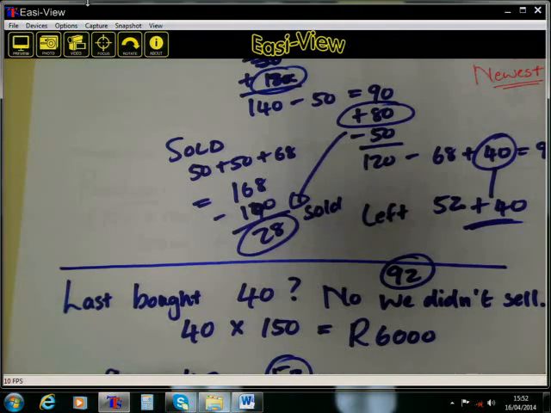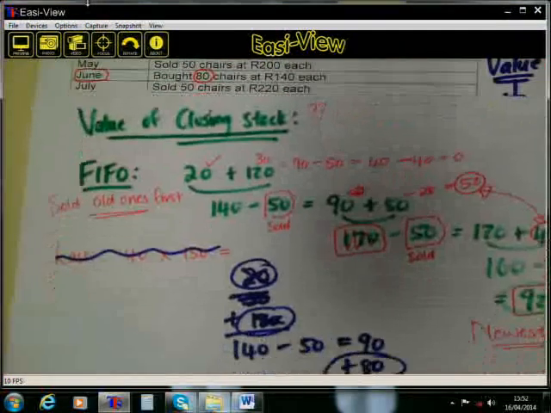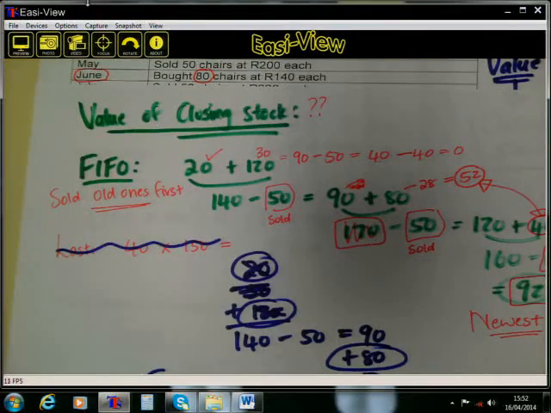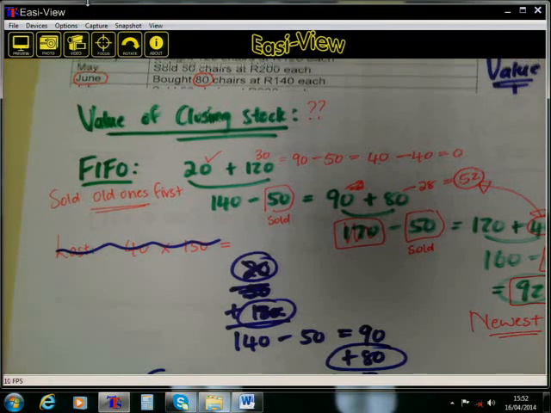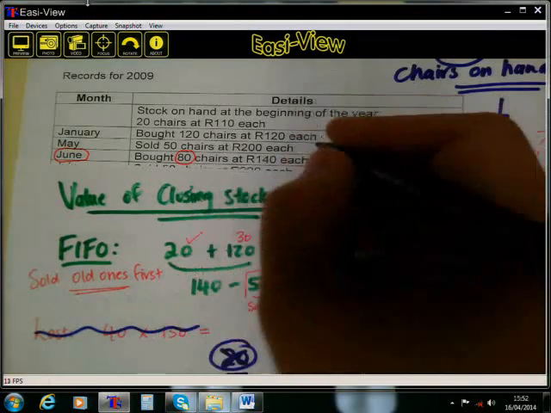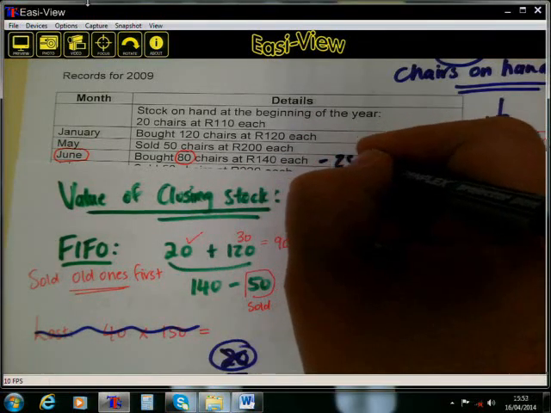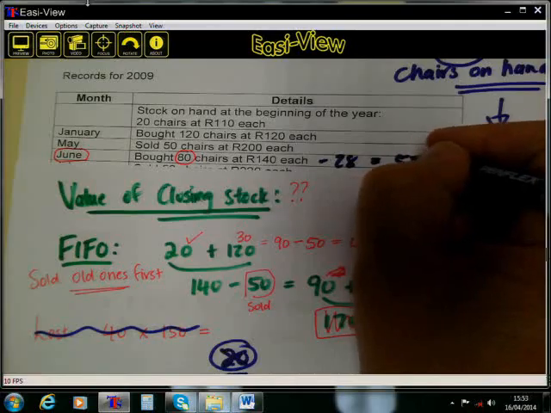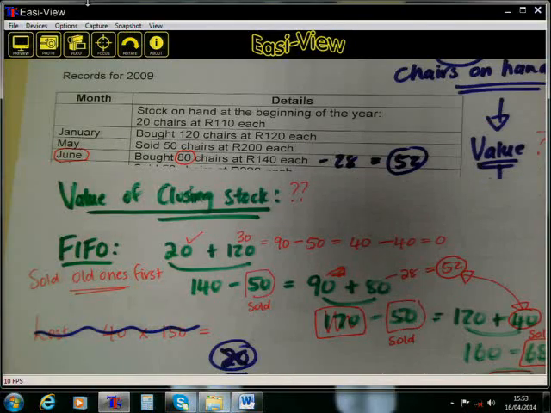So from the second last one that we bought, we bought in June 80 chairs. We bought 80 chairs, but there's only 52 of them left, because 80 minus the 28 that we sold gives us the 52 left.